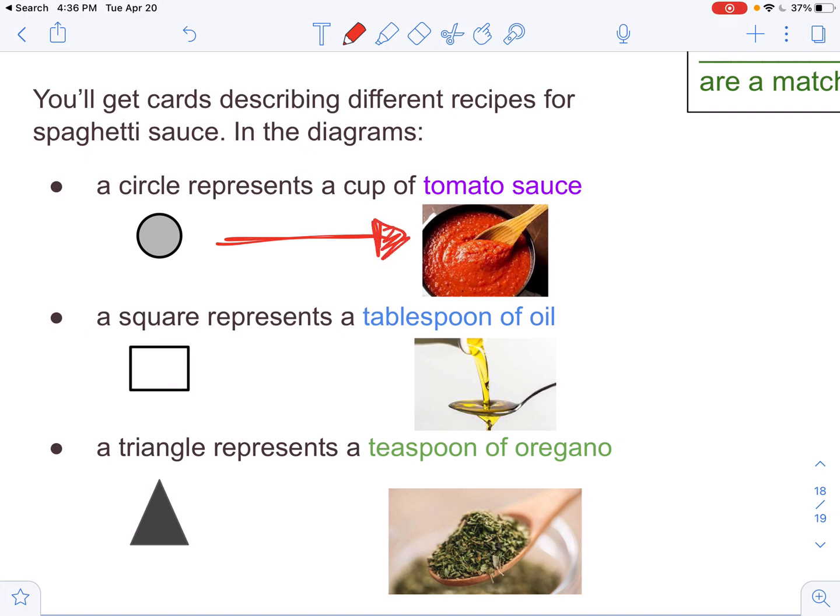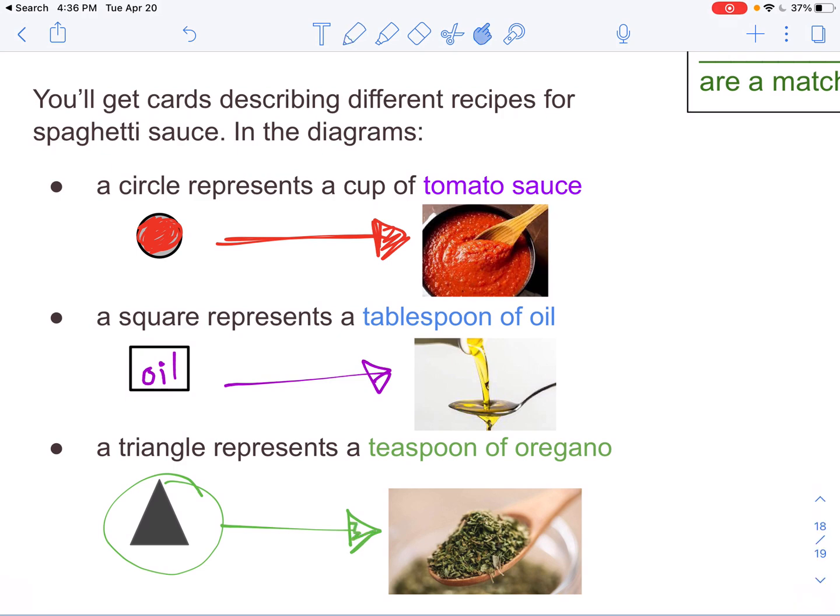So you can imagine that the circle, when you see it, is filled with red and it's a bowl of sauce on the table. Right? And then a square represents a tablespoon of oil. The oil is in that square. Right? And you won't have very many of them, but some of them will also talk about oregano. It's a really awesome green herb that makes sauce taste delicious. All right. So if you see the triangle, that means oregano.